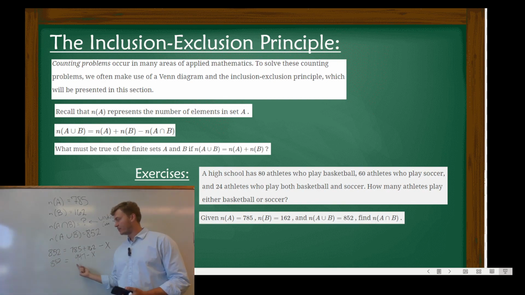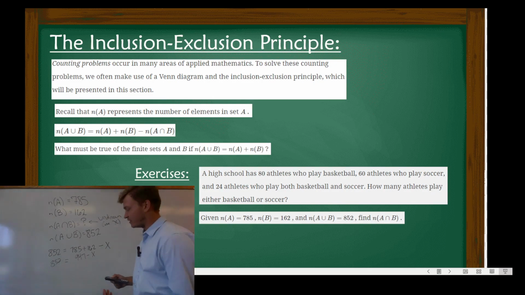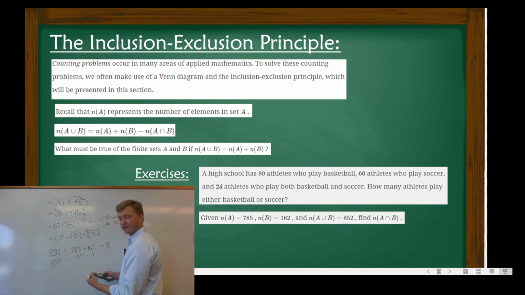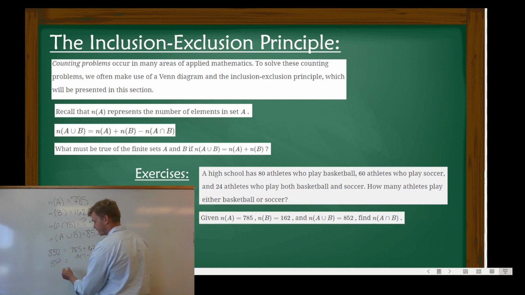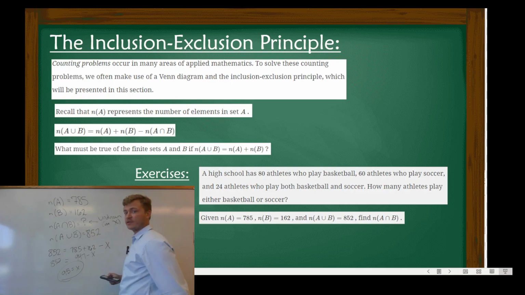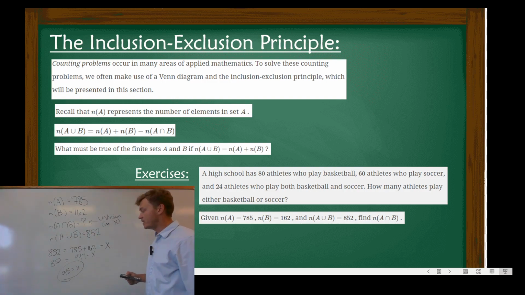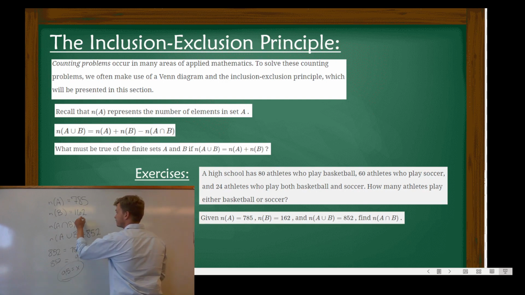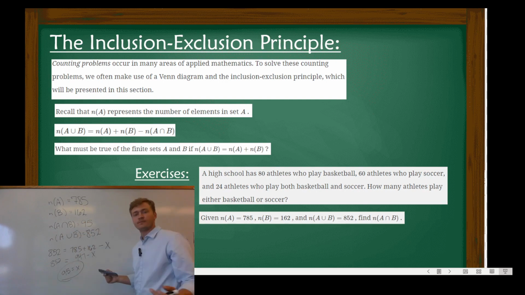Well, if I subtract these two numbers, I'm going to find it. 947 minus 852 is 95. In other words, if I subtract this number over here, I get negative 95, I get negative x, multiply negatives on each side, x is 95. So here, we can now determine that n of A intersect B is 95. And there we have it.